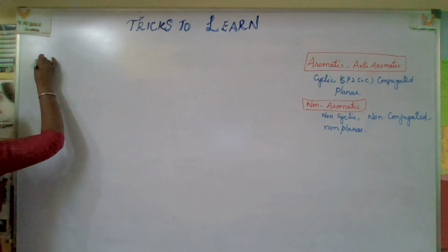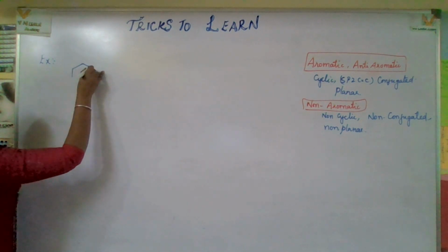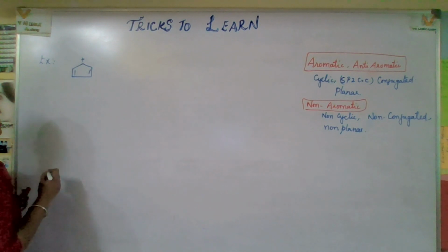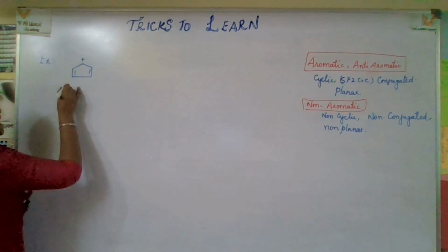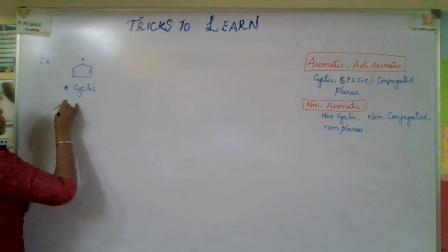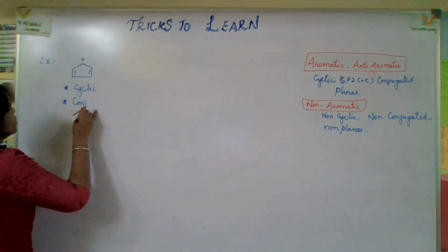Example 1. Here I just give that example. Now this has a positive charge. What are the points to be noted? Whether it is cyclic or not. Yes, it is cyclic. And the second one, whether it is conjugated or not.